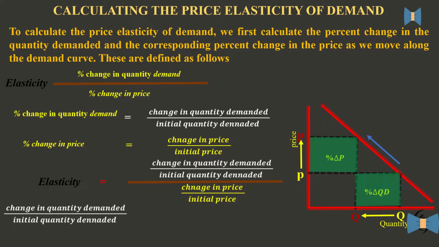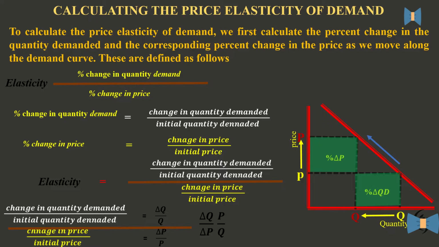The change in quantity demanded divided by the initial quantity demanded is denoted delta Q divided by Q. Delta Q means the change in quantity demanded. Q means the initial quantity demanded. So we can write it as delta Q over Q divided by delta P over P. Delta P means the change in price, and P means the initial price.